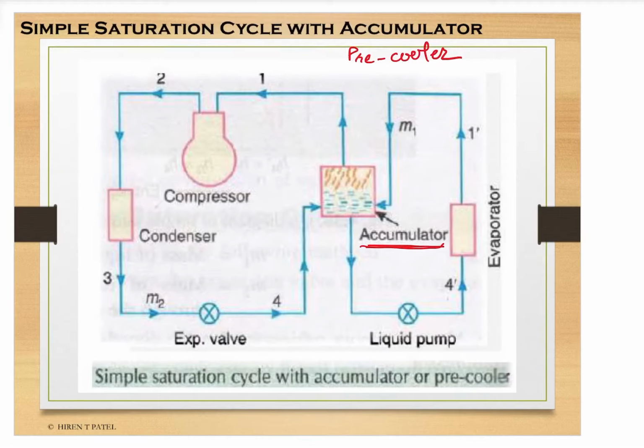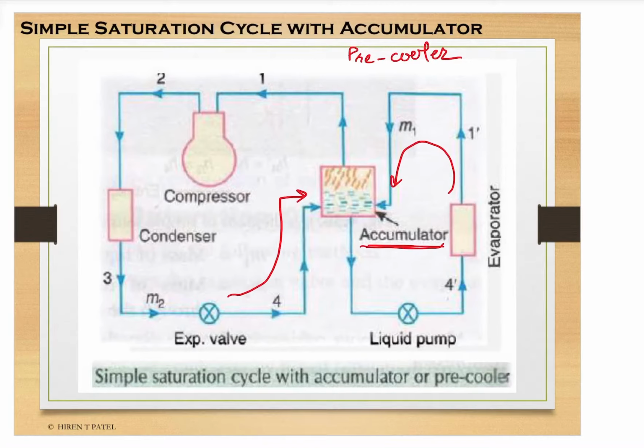The discharge from the evaporator is directly sent to the accumulator, which helps to keep the liquid from entering the compressor. So whatever refrigerant comes out from the evaporator is directly transferred to the accumulator, which is going to mix with the liquid refrigerant coming from the expansion valve. Here this accumulator also works as a flash chamber.